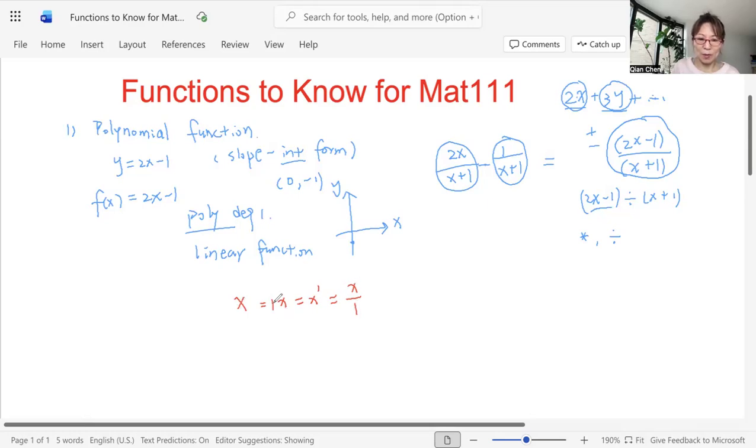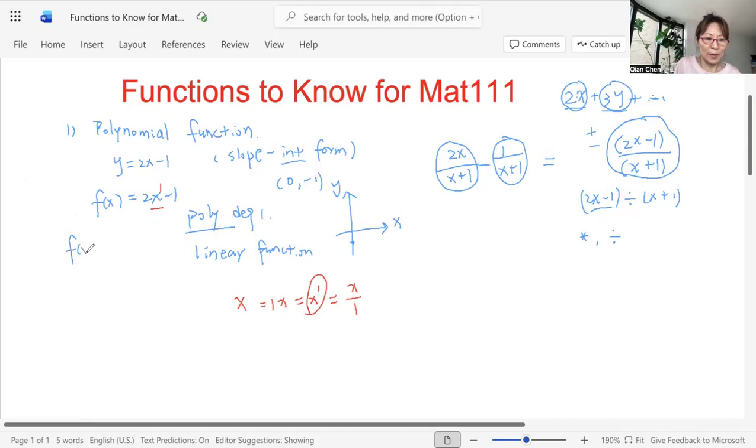So x can be written in all those different forms. x raised by 1 means the degree of x is 1. So in here, we see the x degree is 1, by default x raised by 1. That's why it's called a polynomial degree 1.